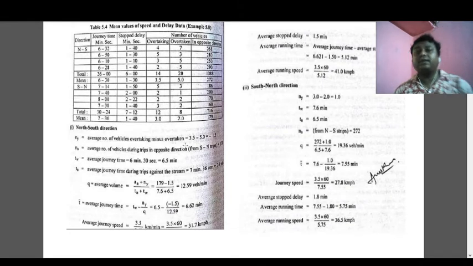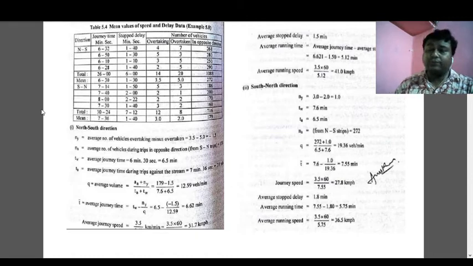Now we will start the calculation for the north south direction. What they are asking is the volume, the running speed, and the journey speed. First, follow the equation where it is written: Ny equals (Tw minus Ta) by Ty, by Q. Here Ny is the average number of vehicles overtaking minus overtaken.